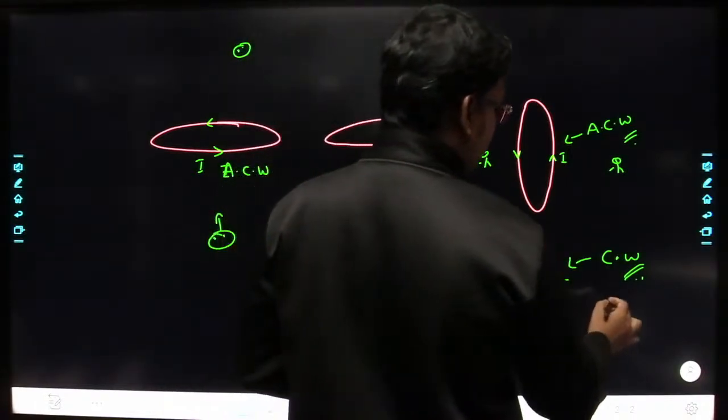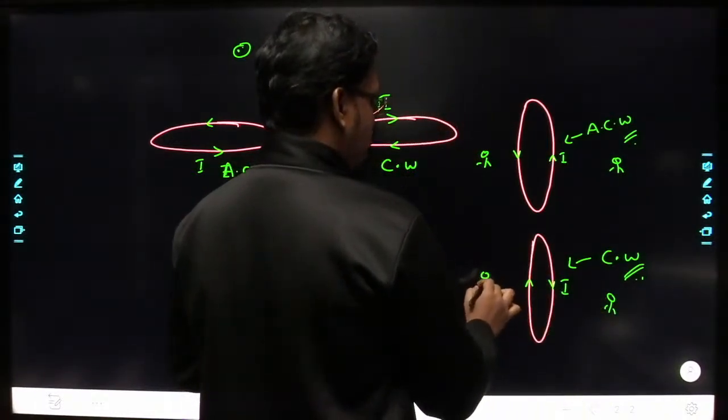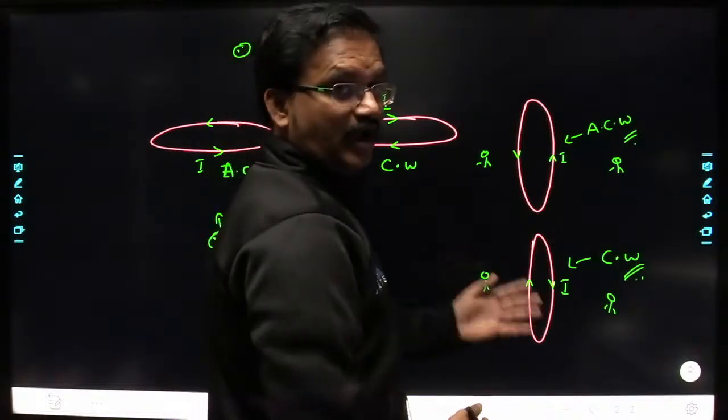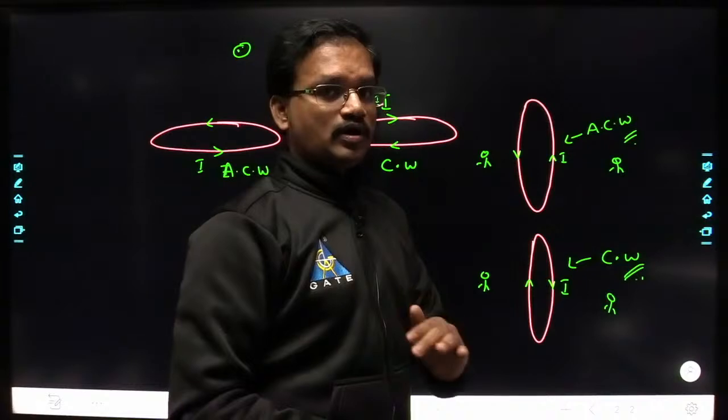If you view the same loop from this side, it appears to be clockwise. Whenever you view the same loop from this side, it appears to be anti-clockwise. So it all depends upon the reference you are considering.